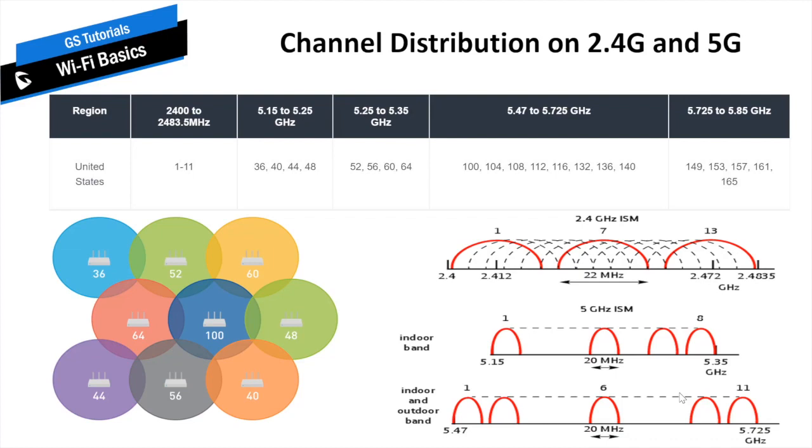I would note that these channel ranges are governed by the specific country in which you're deploying the APs. So be careful if you're buying an AP that wasn't originally sold in the United States or the country of your deployment, because there's a good chance that AP may not be operable within that country's environment.